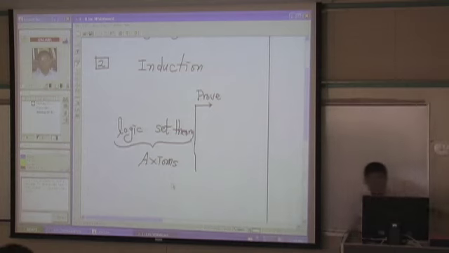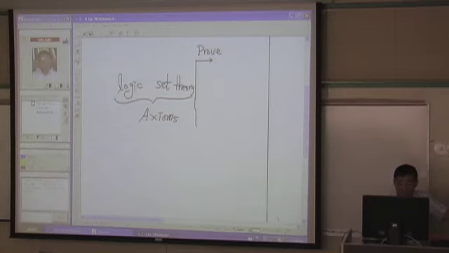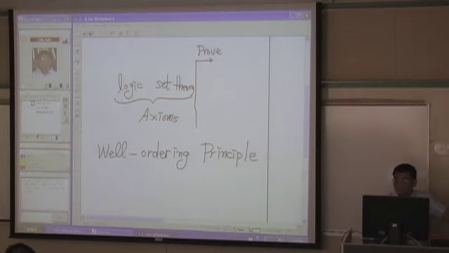So what kind of things are covered in set theory? One thing that is covered in set theory is the well-ordering principle. You can find this in the textbook.